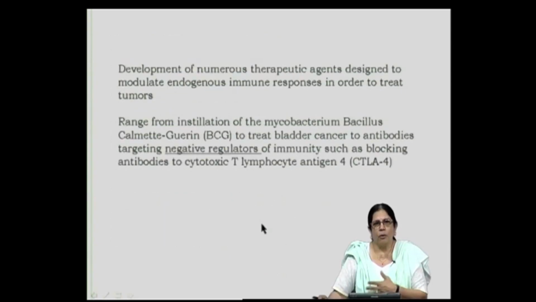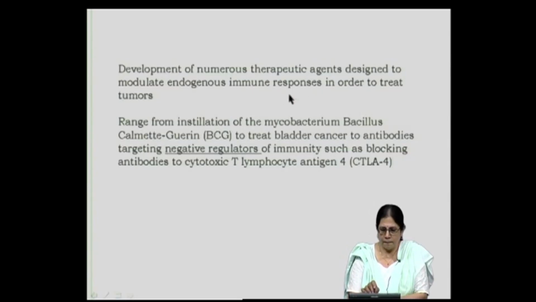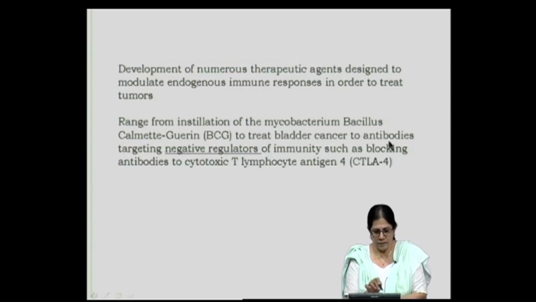With all this in the background, there is now an effort to develop numerous therapeutic agents designed to modulate the endogenous immune response in order to treat tumors. We will come to that in the next lecture, but let us look at what has already been established to some extent. The range of these agents to modulate the endogenous immune response is from injecting Mycobacterium bacillus, BCG, to treat bladder cancer.